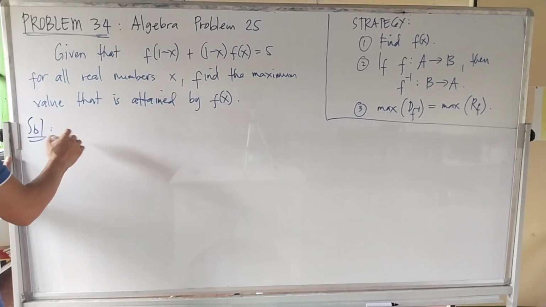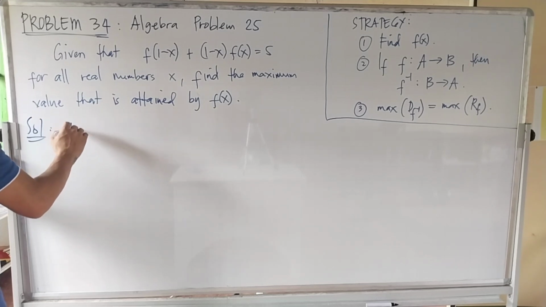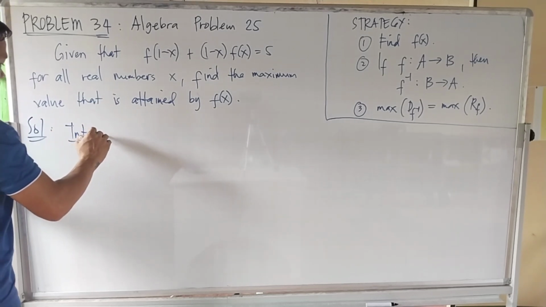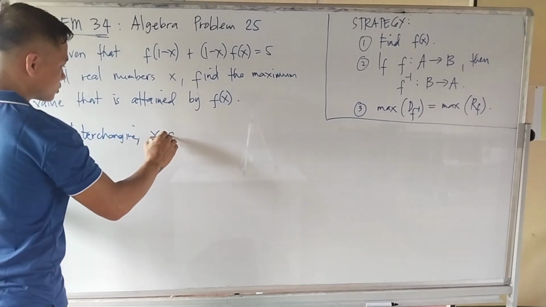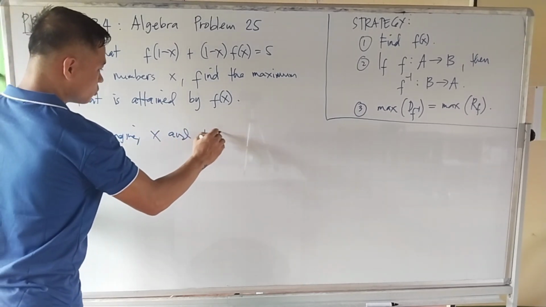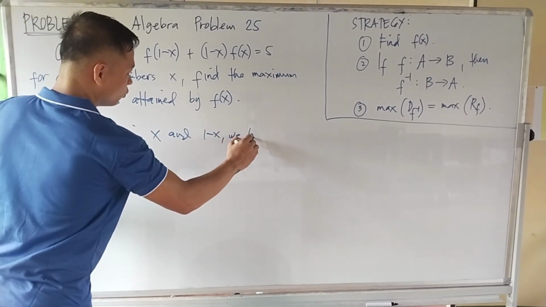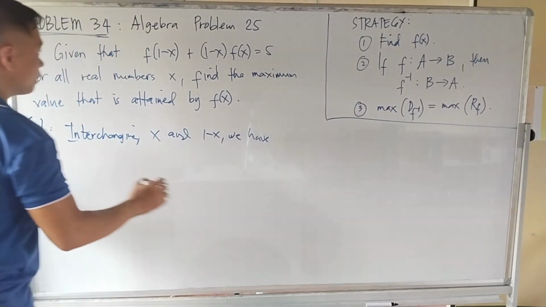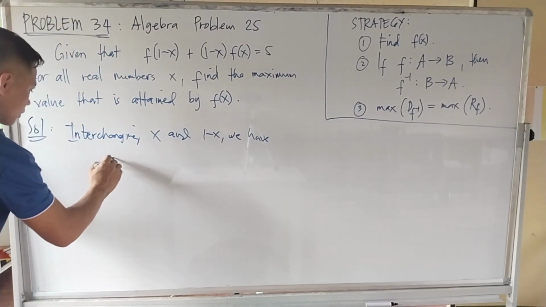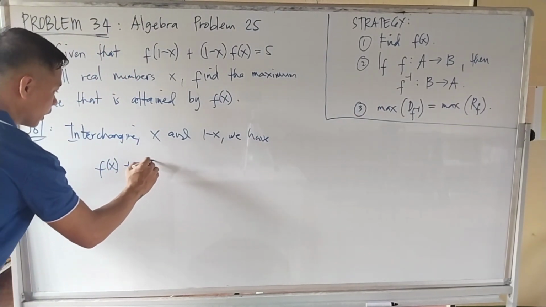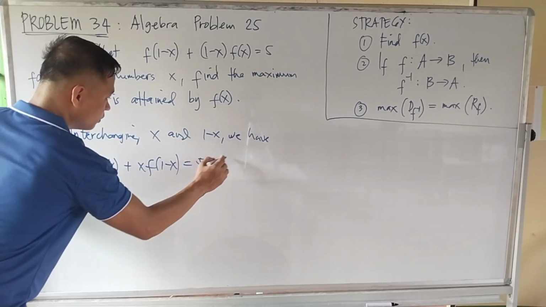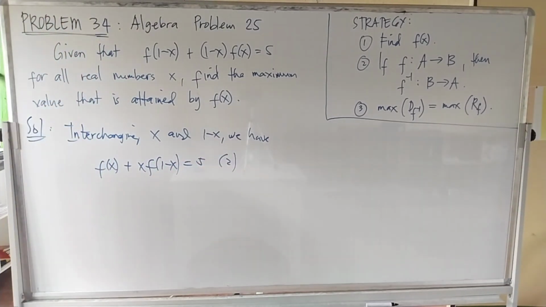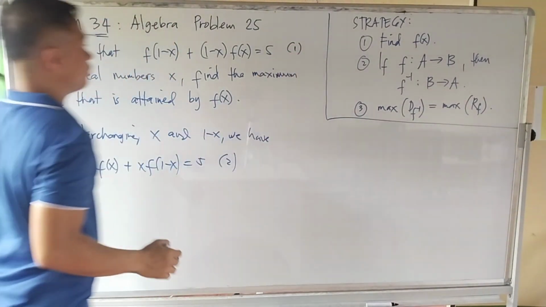So we now interchange x and 1 minus x. We have f of x plus x times f of 1 minus x equal to 5. This would be our second recursive function, and this would be our first recursive function.